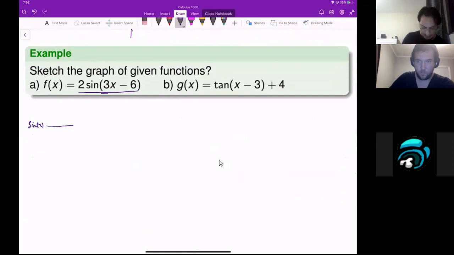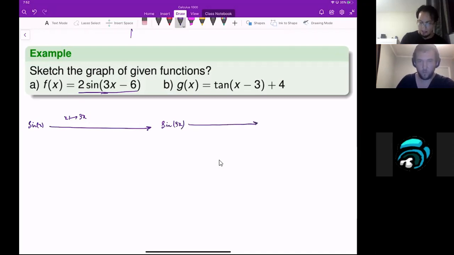And then at the first step, I will multiply x by 3. I can draw it a little bit longer so that I can fit the angles also there. So this way I have sine of 3x.